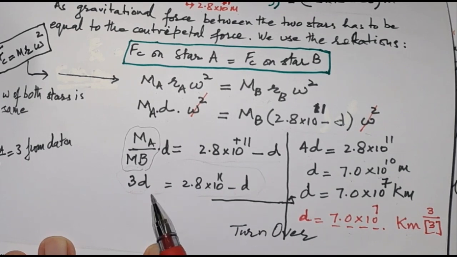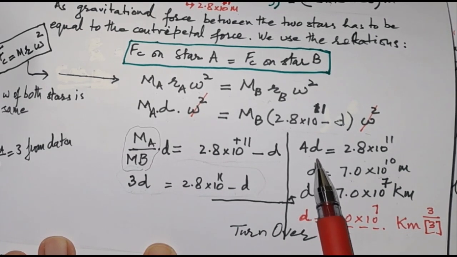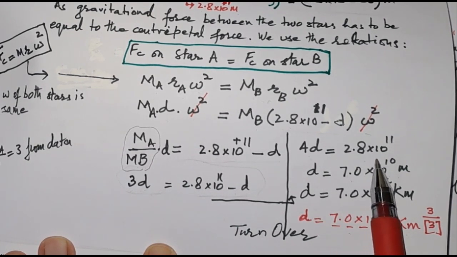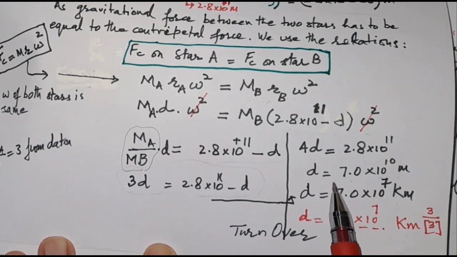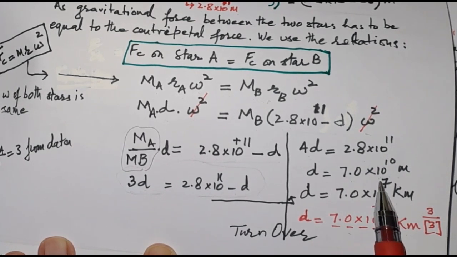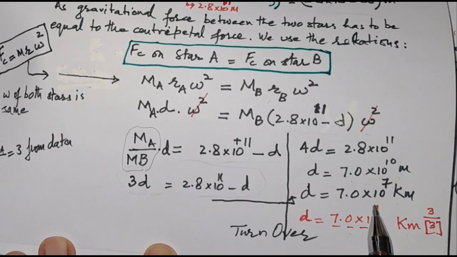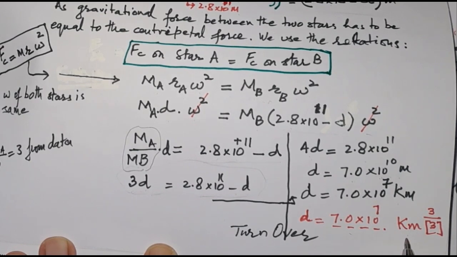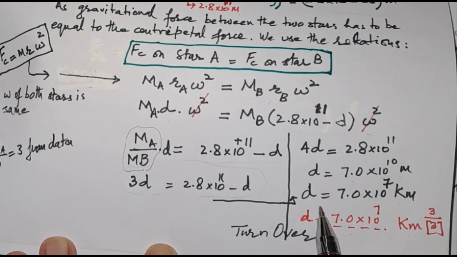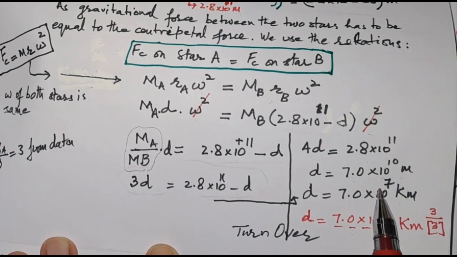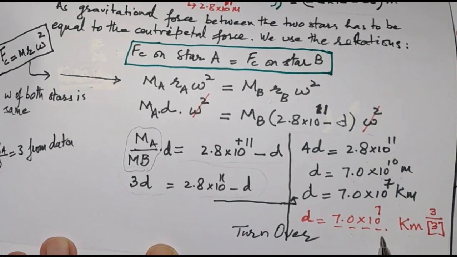This d can go there and add up. We get 4d equal to 2.8 × 10^11, so d is equal to 7.0 × 10^10 meter. Since the answer is in kilometer, we convert this by dividing by 10^3. We get 7 × 10^7 kilometer, and get full marks.